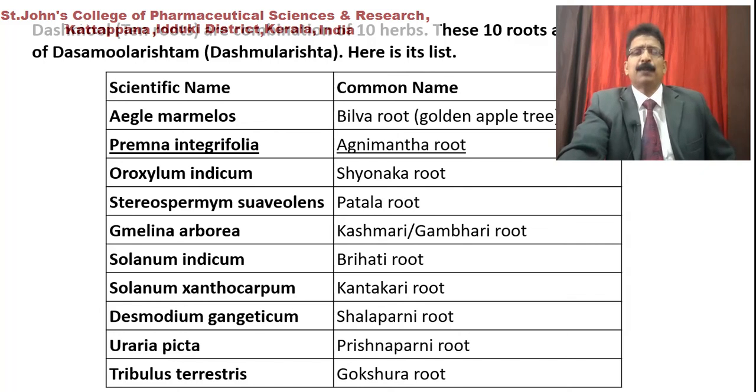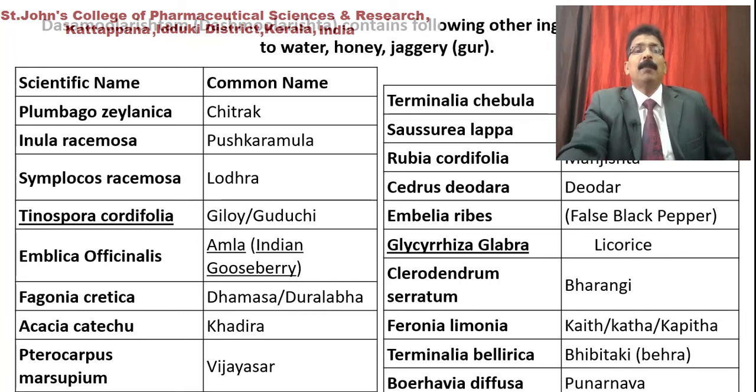Especially we are using Solanum xanthocarpum, Kantakari root, whose common name is easily found. Many constituents, not a single constituent. Plumbago zeylanica is also present. Acacia catechu, that is catechu, is present as a tannin. Glycyrrhiza glabra is used as a sweetening agent.